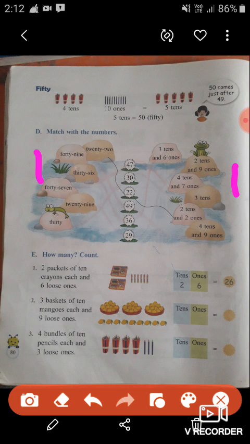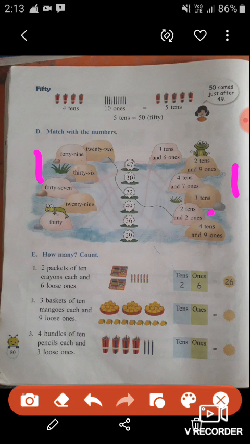You should match the number names and the form of tens and ones with a number. So let's do it. First number is 22. This is already done here. 22 is written as 2 tens and 2 ones.